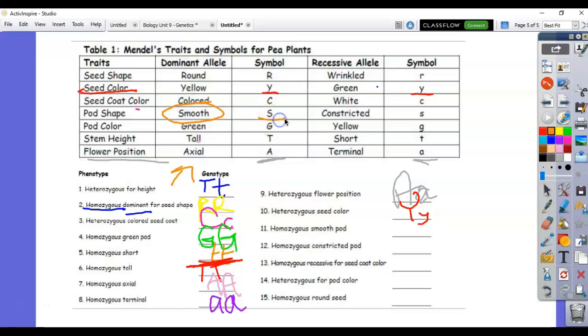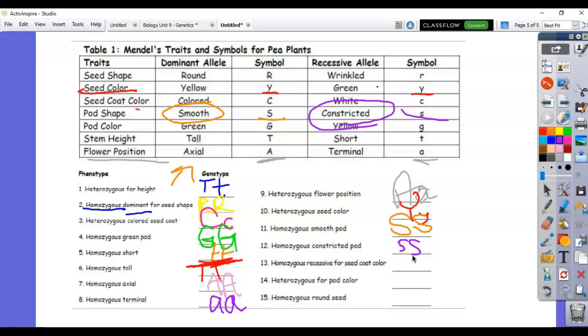Homozygous, two of the same, big S and a big S. Homozygous constricted pod. So these are all P's, in case you haven't realized that yet. It says up at the top. So homozygous constricted pod. So constricted, homozygous, two of the same. So we're going to have little s, little s.